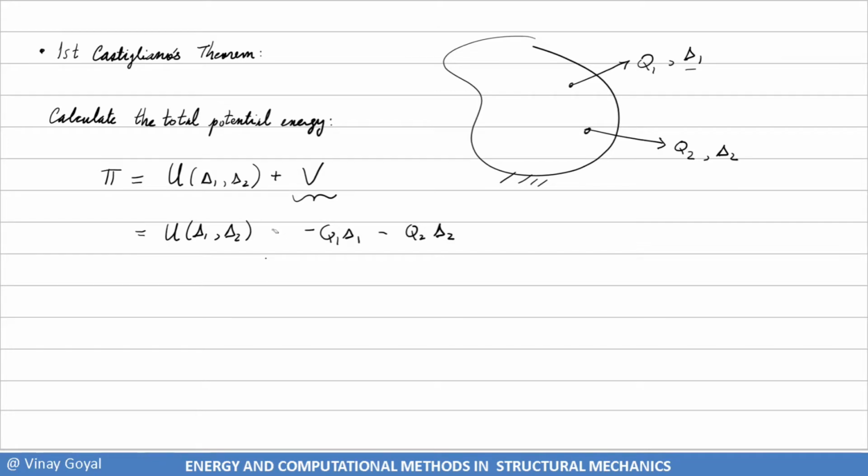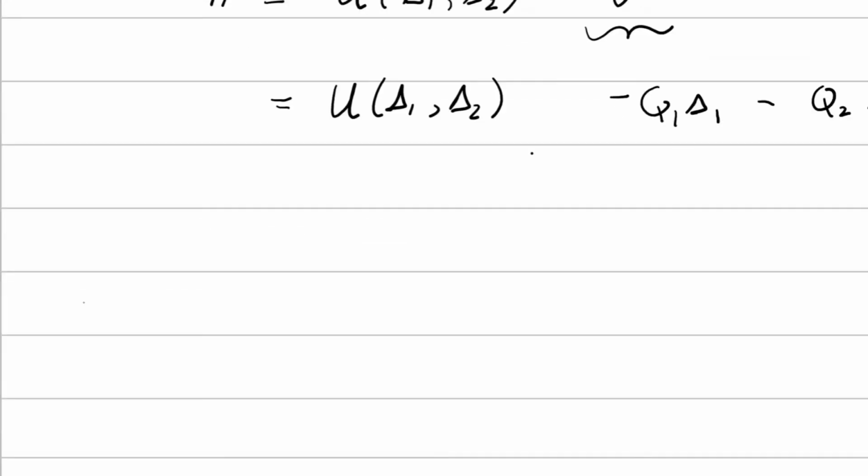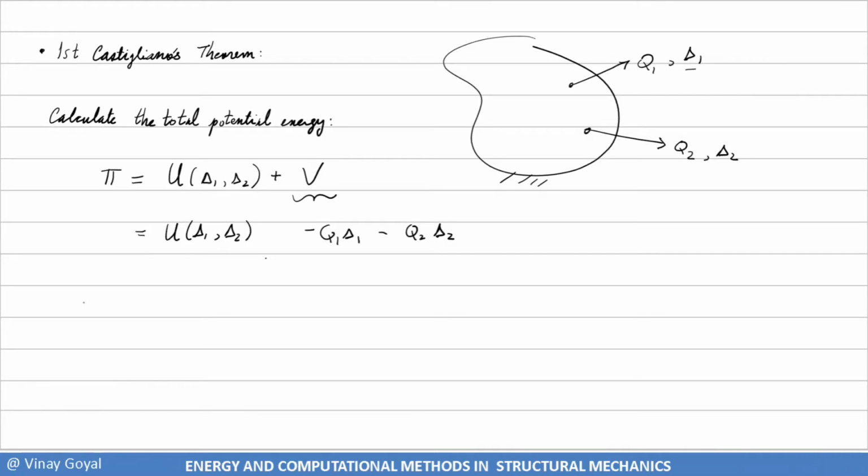And so now I can take the first variation of pi because we talked about how taking the first variation of pi renders the system in equilibrium. So why not take the first variation of pi? Notice how pi, the total potential energy, now depends on only delta 1 and delta 2.